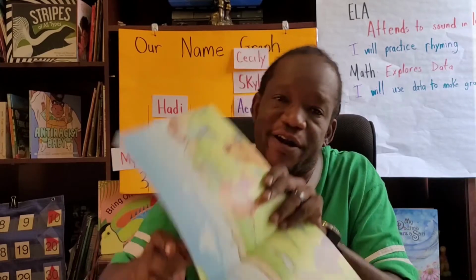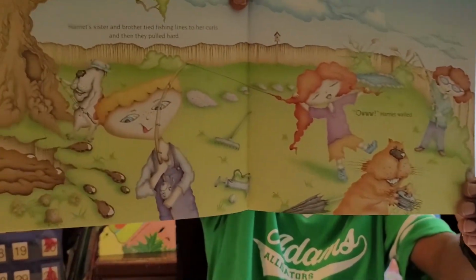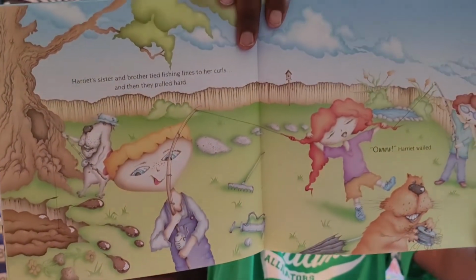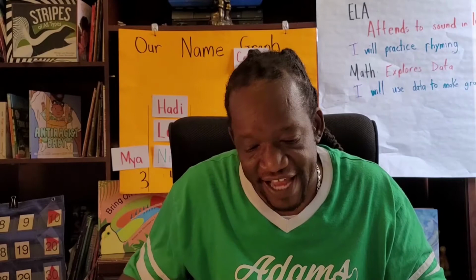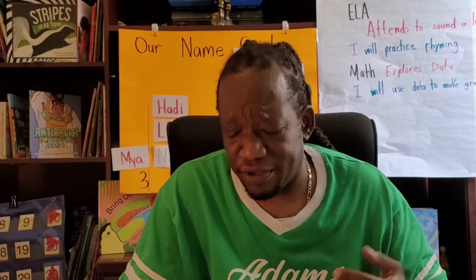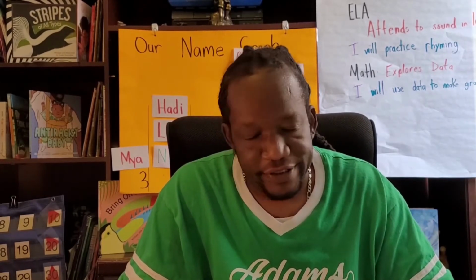Ow! Harriet wailed. When they untied the lines, more curls popped out of Harriet's braid. Now she had 3, 4, and 5 horrible curls. This isn't working, she mumbled.